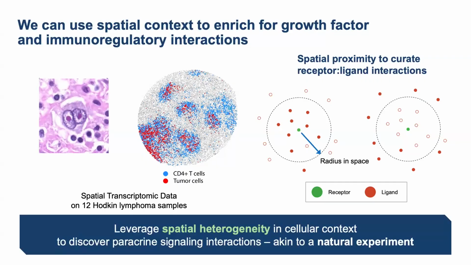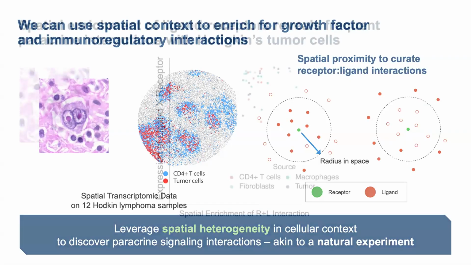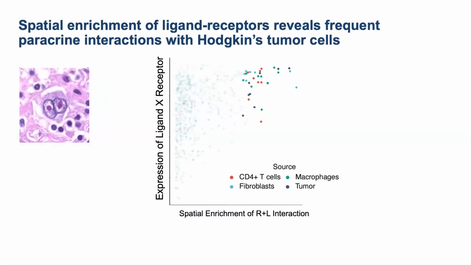One cool thing is that this leverages spatial heterogeneity in the neighborhood context. It's almost like a natural experiment in the human sample, where the experiment is perturbing who your neighbors are. When you do that, you can see spatial enrichment of ligand receptor interactions shown in this plot.